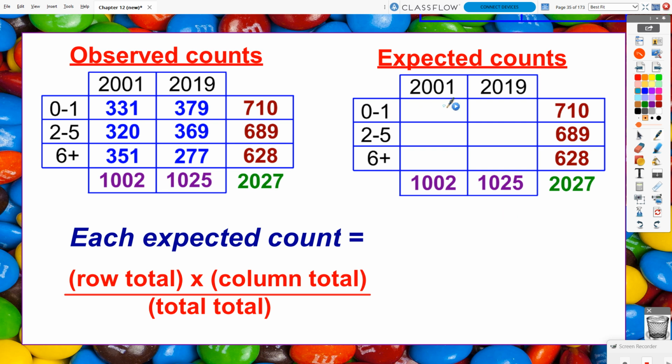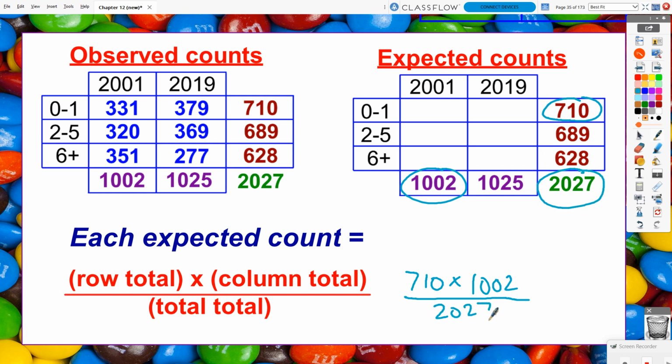Now, let's go ahead and start filling in this expected counts table here. So if I wanted to figure out the 0 to 1 for 2001, well, the row total would be this 710, and I'd multiply that by the column total, which would be everybody from 2001, and I would divide that by the grand total of everybody, 2027.